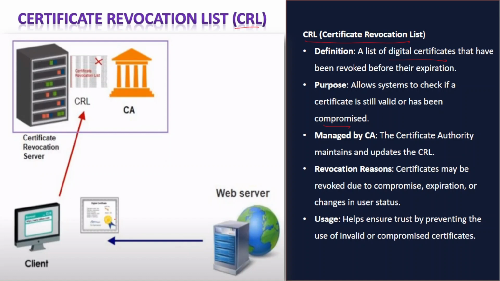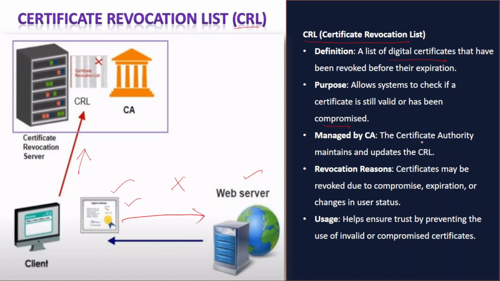So when the client wants to access a web server, the web server presents its certificate, and then the client checks the certificate validity from the CA through this certificate revocation list. If this certificate is available on this list, it means that the web server cannot be trusted because the certificate is compromised. If the certificate is not on the list, then the client makes connection with the server because the certificate is valid.